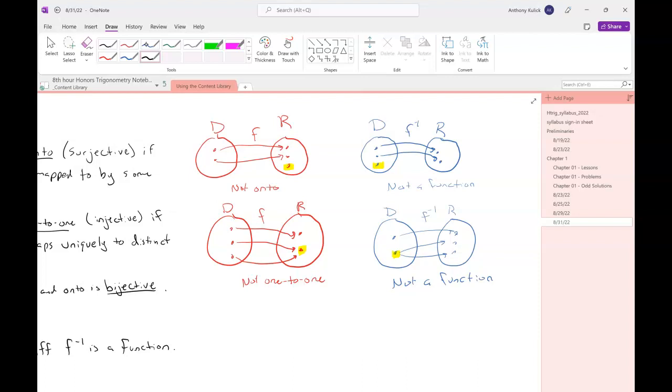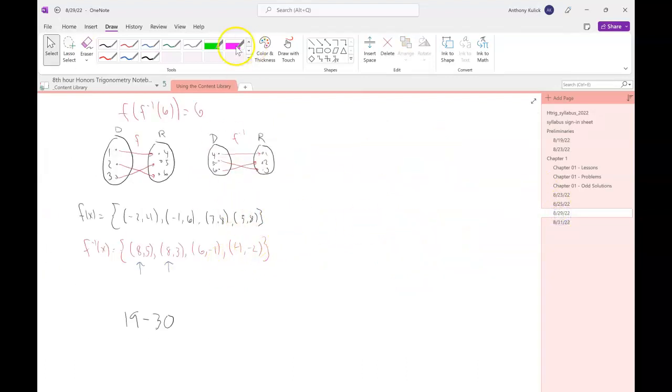Without those, it might not be a function, which is what we saw in the last example from last time: that function f is not one-to-one because one of the y coordinates is used more than once, and when we found our inverse, we had an x coordinate that was used more than once.